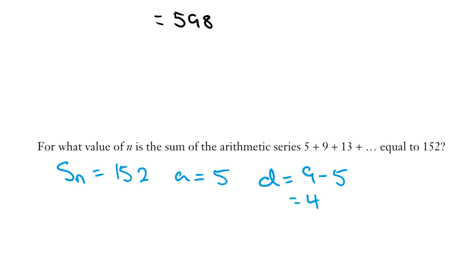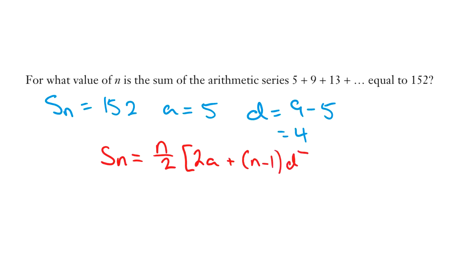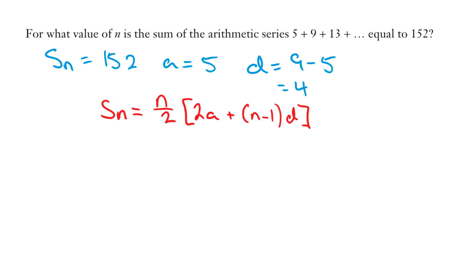We don't have the last term, so I'm going to be using this formula. Because we have everything there but the n, which means we can find it. Now I can substitute all these in.